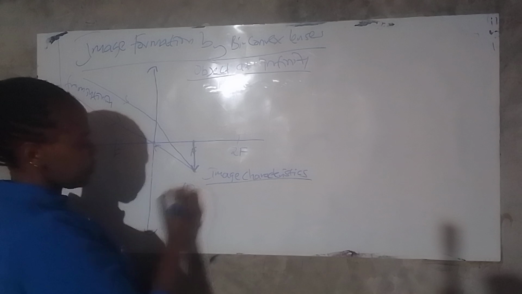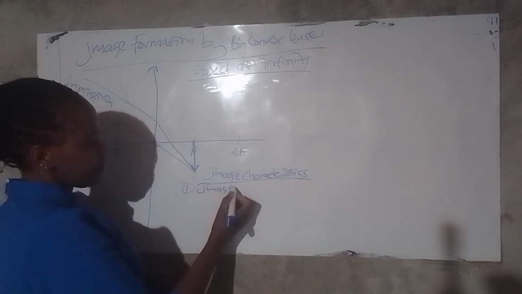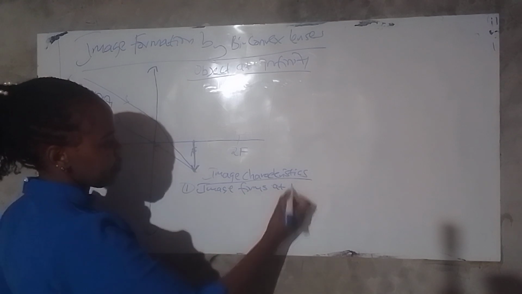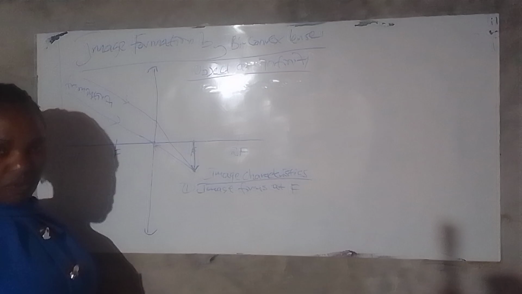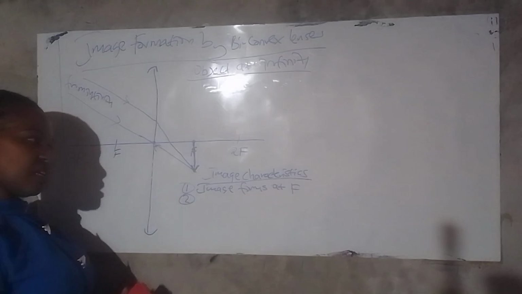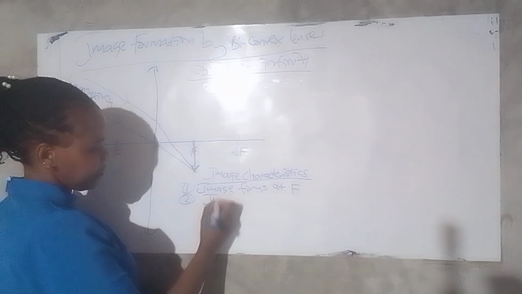Number one, image forms at F. F is the principal focus. Number two, as you can see, it is inverted. It's upside down.